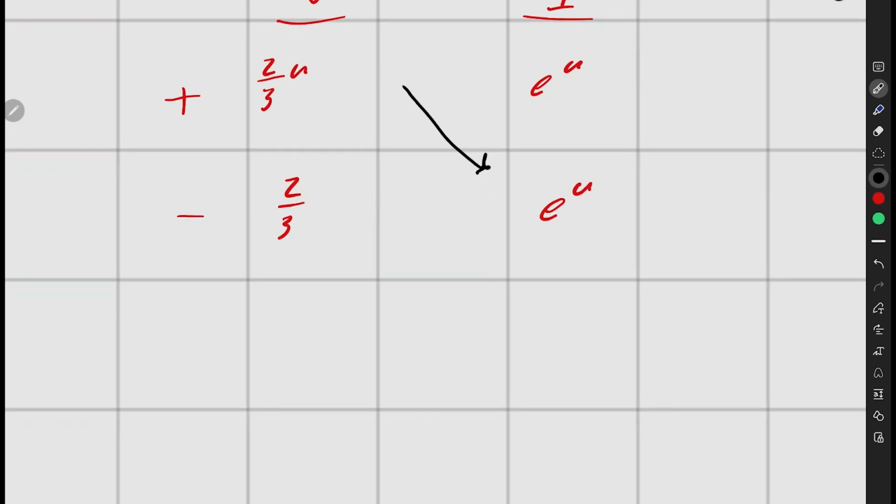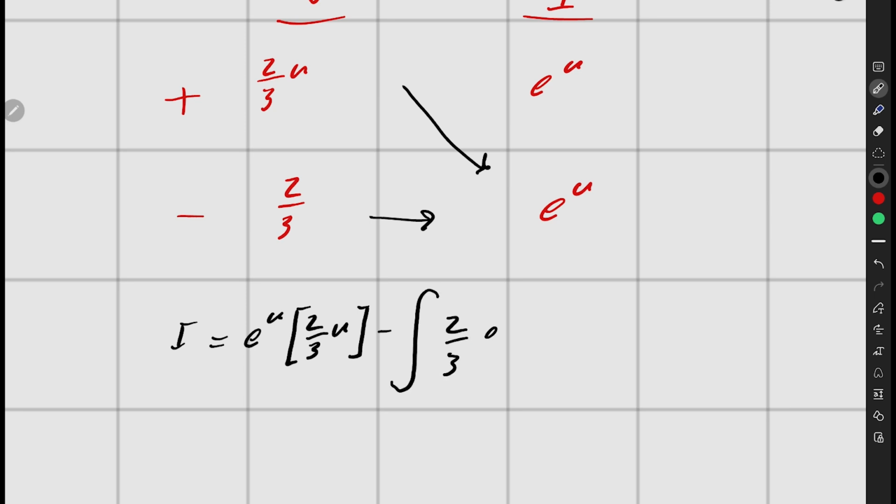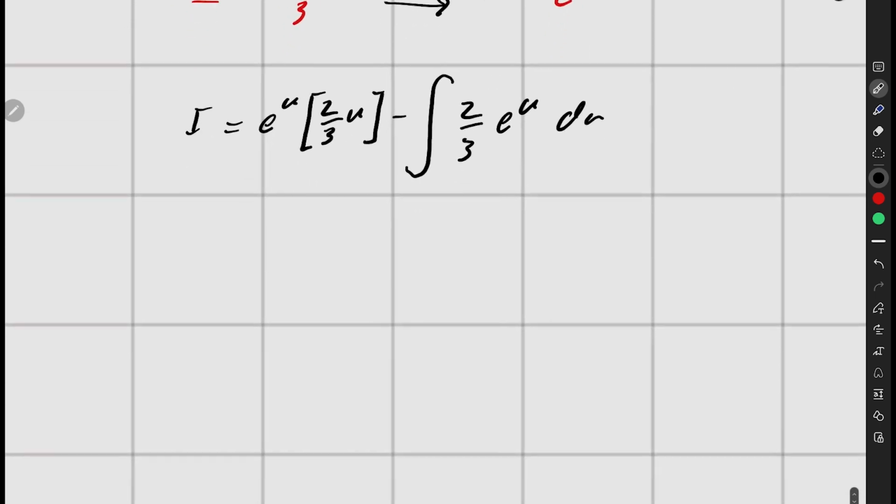So again, let's start to solve this integral. The integral is going to be equal to e to the u times 2 divided by 3 u, minus the integral of 2 divided by 3 e to the u du.